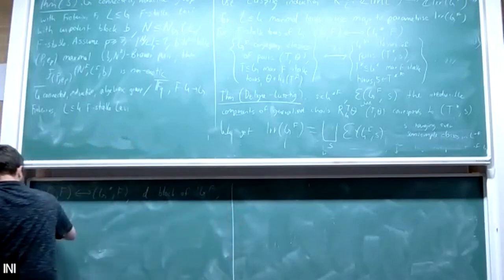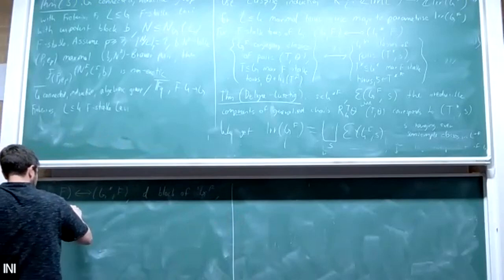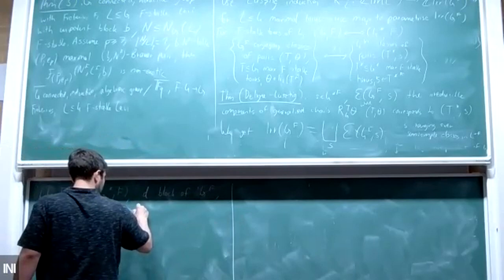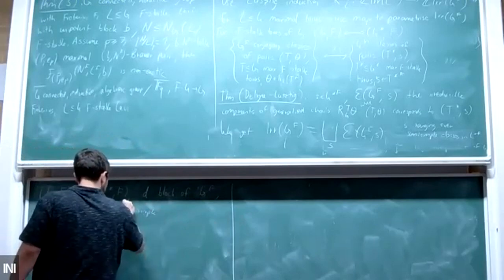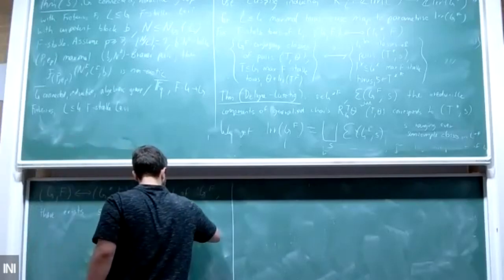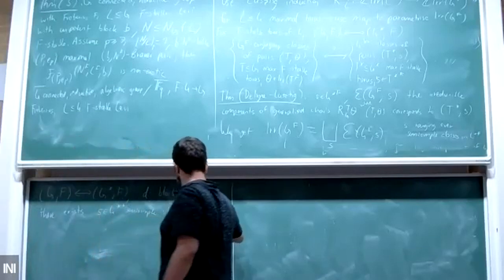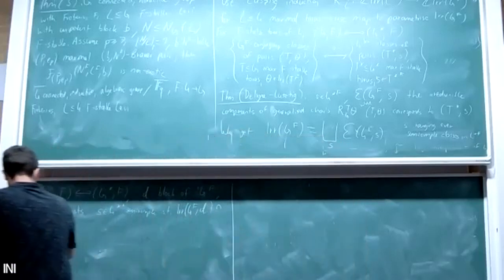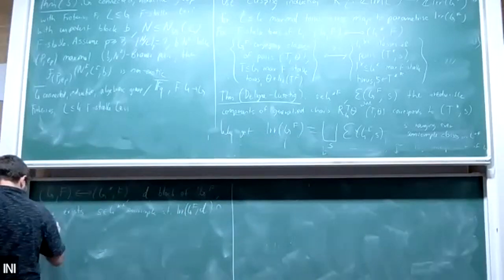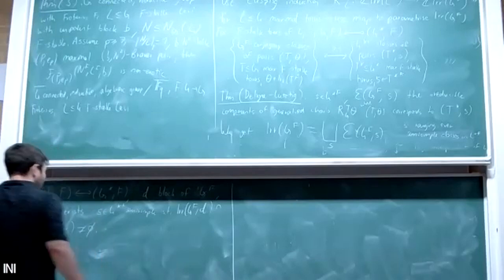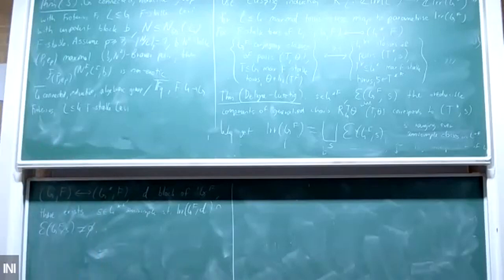There has to exist a semi-simple element S in G star F such that the irreducible characters of G belonging to the block D intersected with E(G^F, S) is non-zero. Oh, I remembered I promised to tell you what the unipotent block is.